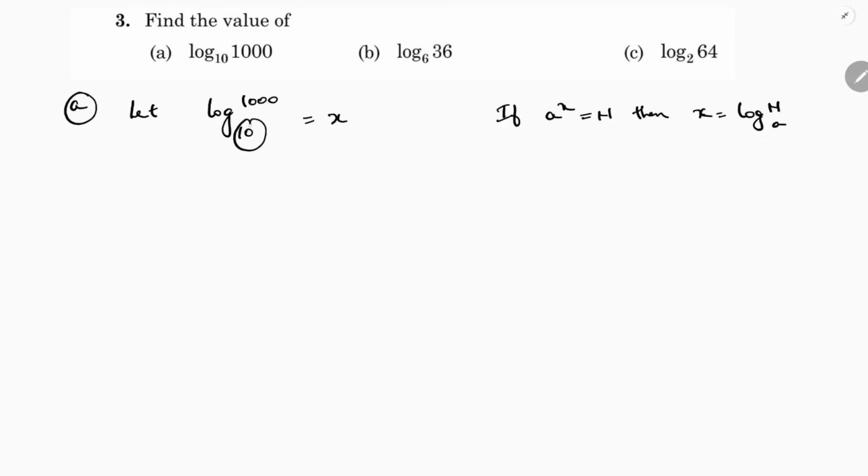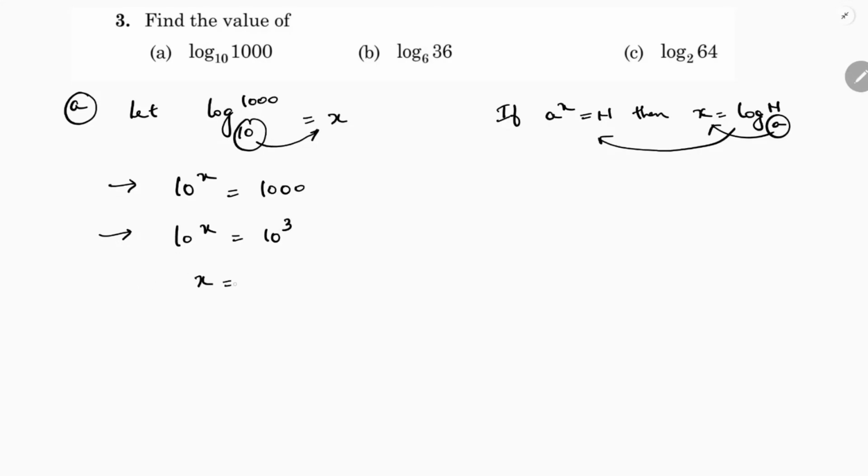So to write in exponential form, base power the answer of the logarithm equals n. So 10 power x equals 1000. 10 power x equals 10 power 3. If bases are equal, I can equate the powers, so x equals 3.